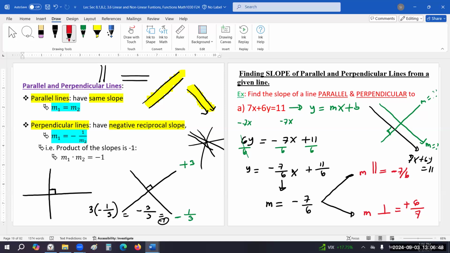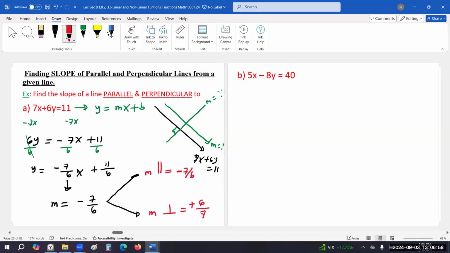Was anything unclear? Any questions, comments so far? Nothing? Okay, then you try one.